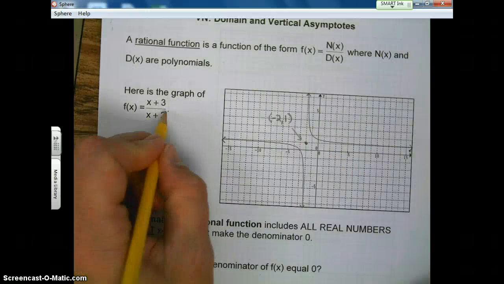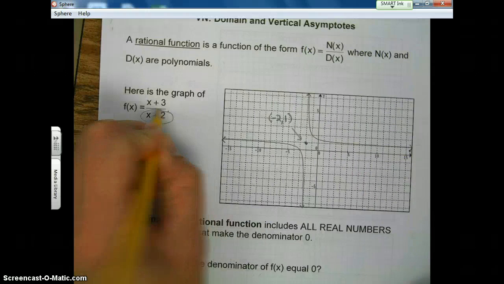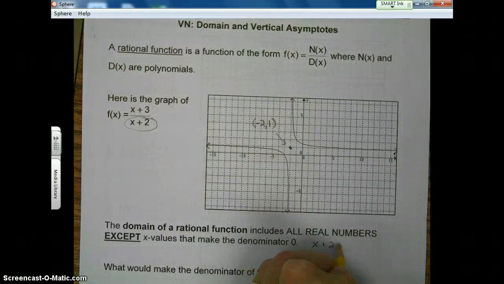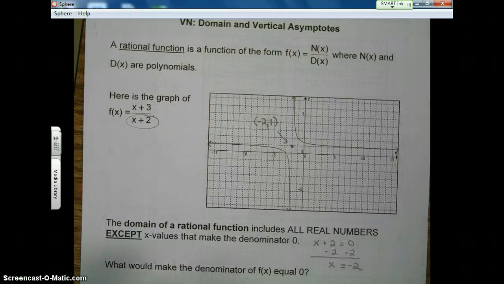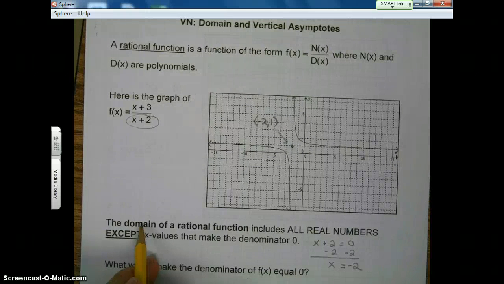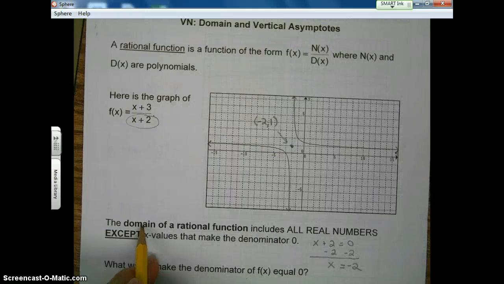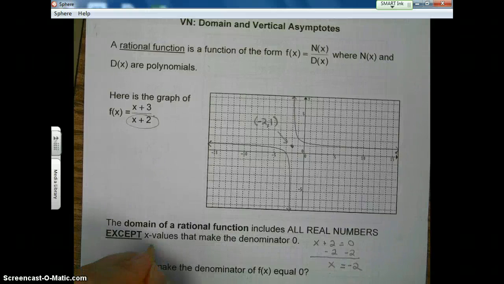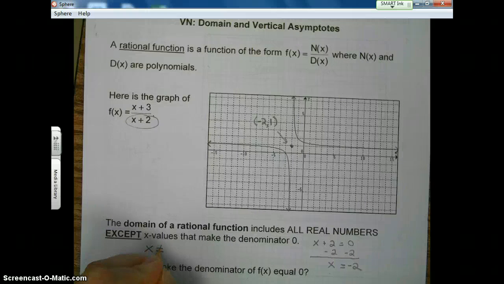You take the denominator, set it equal to 0, and solve for x. X equals -2. So the domain is all real numbers except x cannot equal -2. A very easy way to write the domain is to put x cannot be equal to -2.